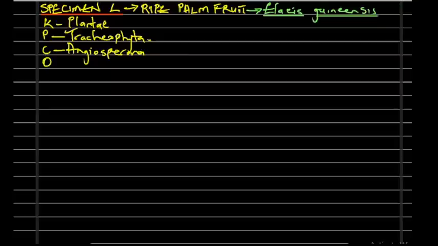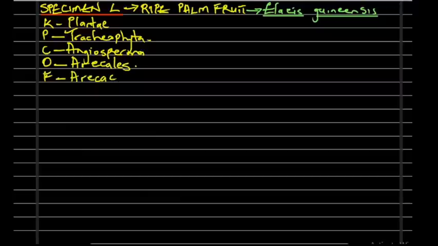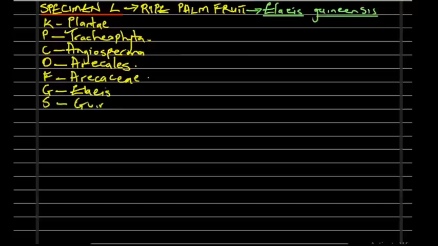We have the order to be Arecales, the family to be Arecaceae, and then the genus to be Elaeis, and the species to be guineensis. So that is the system of classification of this particular crop.